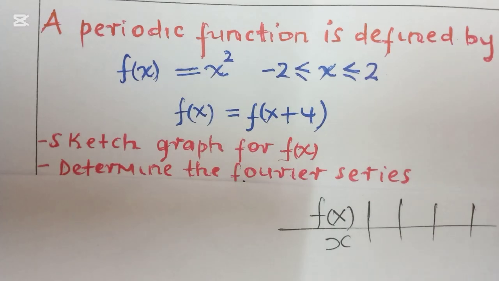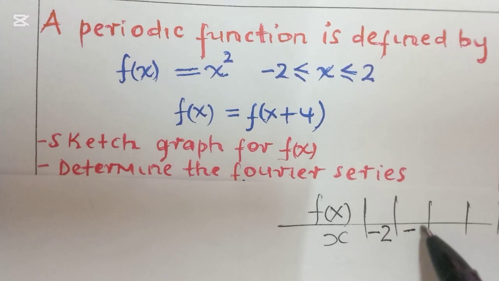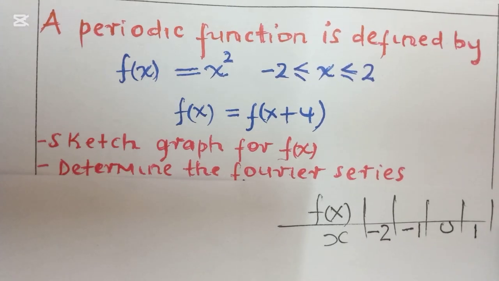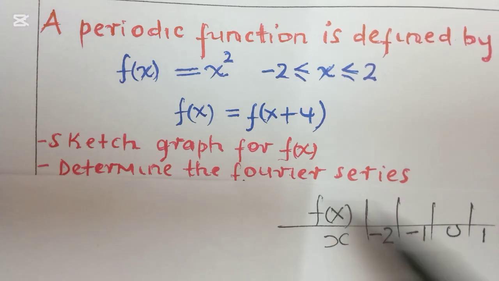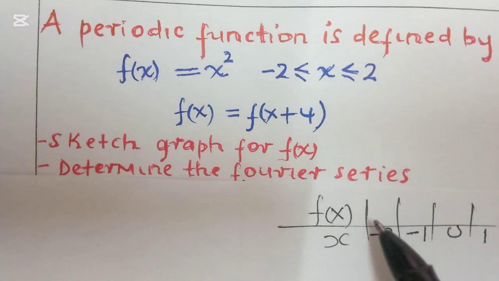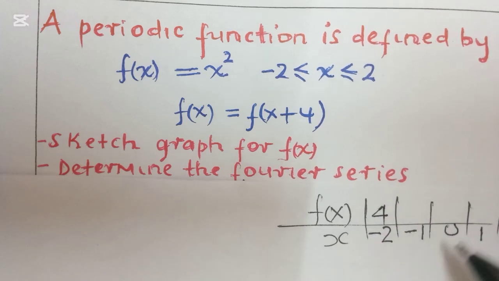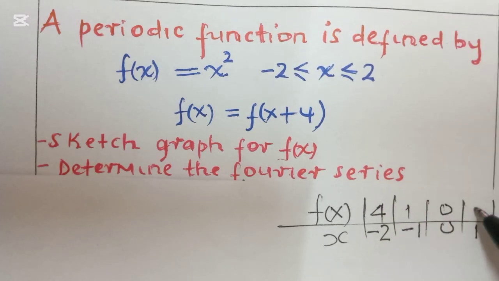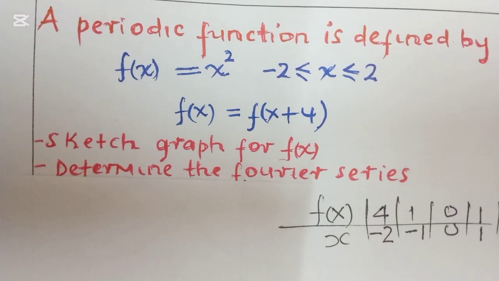So you go from -2 to -1, 0, 1 again, and then 2. Then you check: when you put -2, you get 4. For -1 you get 1, for 0 you get 0, for 1 you get 1, and for the last one, 2, you get 4.